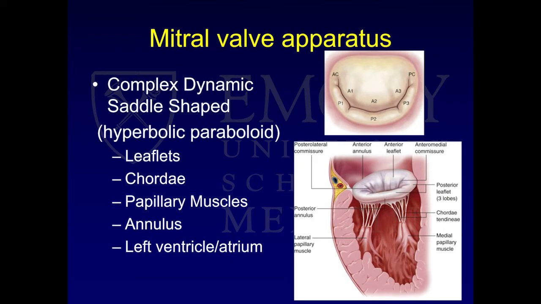If you have problems in any of those components, you're going to have a problem with your mitral valve. During systole, the planimetry, the surface area of the mitral valve, decreases by up to 24%. So it's a pretty dynamic structure, and we have to take that into account when we are evaluating our mitral valve.